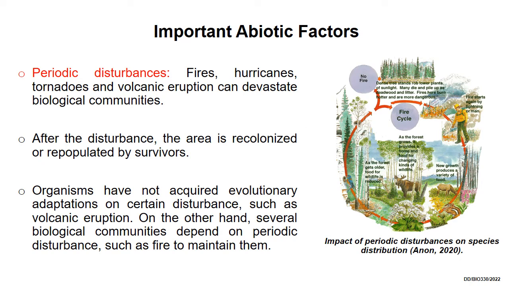Next, periodic disturbances such as fires, hurricanes, tornadoes, and volcanic eruptions can devastate biological communities. After any disturbance, no matter whether it is fire, hurricane, tornado, etc., the area will be recolonized and repopulated by survivors. Plants will grow again. After that, the animals will come into that area.